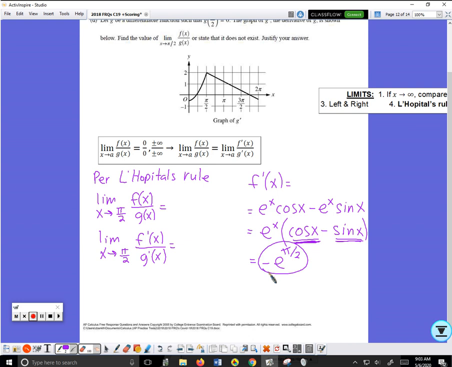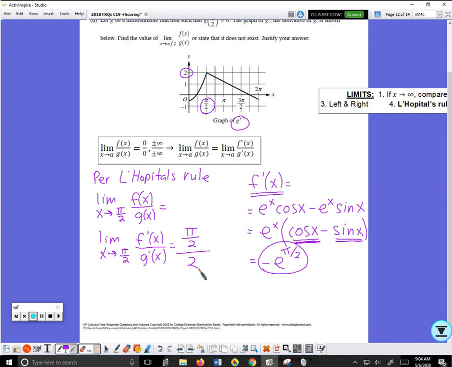That's what's happening to the limit as x approaches pi over 2 at the top. When x gets close to pi over 2 on this g prime, we're getting close to a y value of 2. So the denominator limit is 2. You don't have to reduce anything. You can leave it just like that.